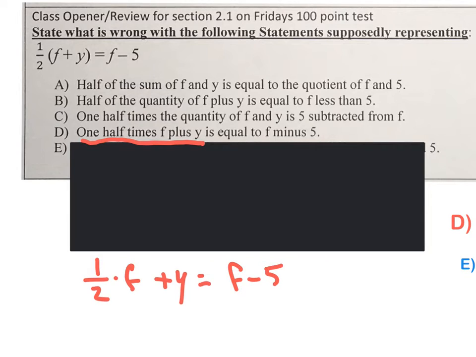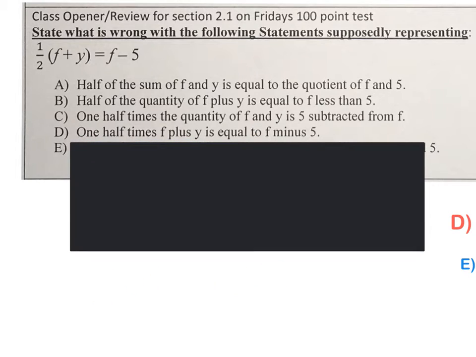Now notice that cannot be it, because there are no words in here that will produce these parentheses. There are no words such as quantity, or it doesn't say the word sum, which implies inside parentheses. So option D cannot be it, because if you just wrote what it says here, there are no parentheses.